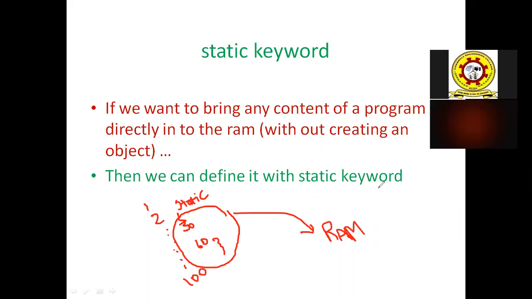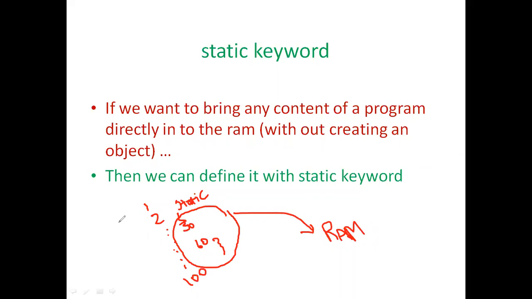Similarly, if you want to bring line number 1 directly into the RAM, just define the static keyword before that line, so that line number 1 will be moved into the RAM directly.